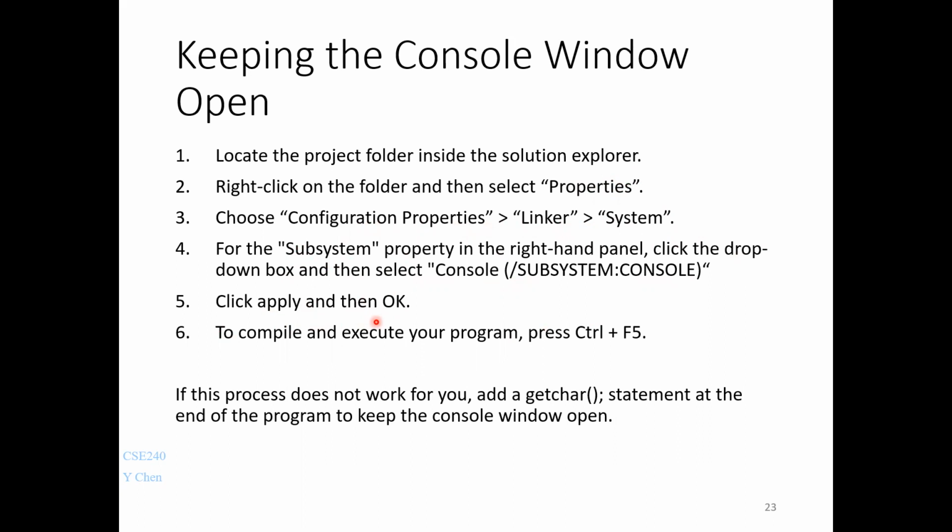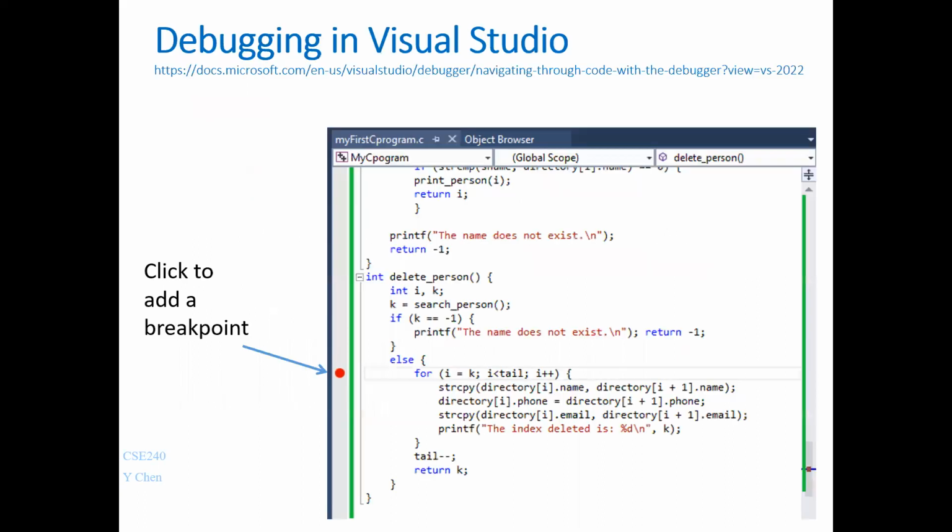Okay, so you do it once for all. Or you say, I couldn't figure out how to do it, it's too much for me to follow those steps. Then what you could do is add getchar at the end, right? At the last line of your code, then your program will wait until you type any key to close the window. Okay, so that keeps your console window open.